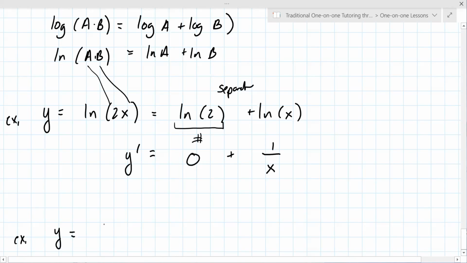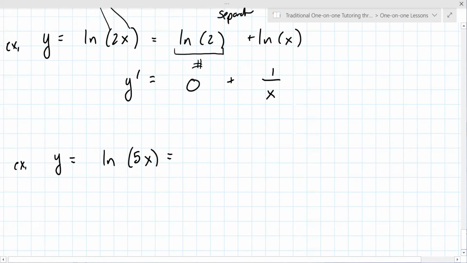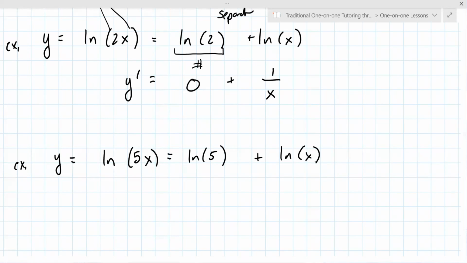Let's have you try one. y equals the natural log of 5x. So this breaks apart. It's the natural log of 5 plus the natural log of x.